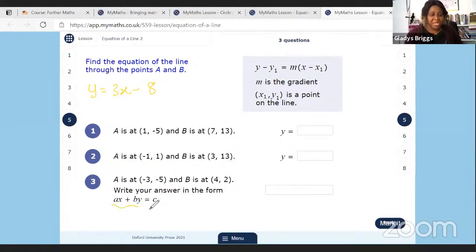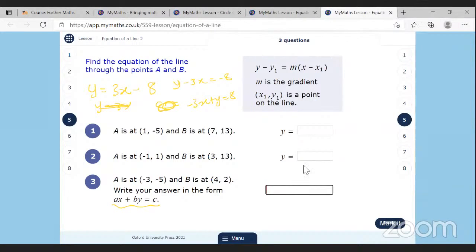Then in this format, we have y minus 3x is equal to minus 8. Yeah. So minus 3x plus y is equal to minus 8. Let's try that and see.